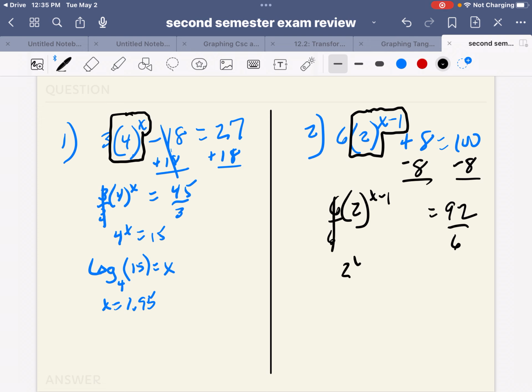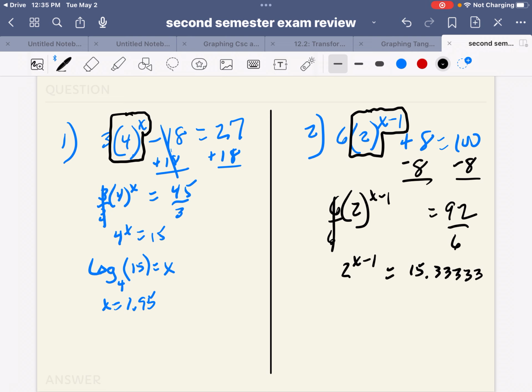So now I have 2 to the x minus 1, and I need to know what 92 divided by 6 is. And it's 15.3 repeating. So if you put 15.33333, about 4 or 5 decimal places, you should be okay.